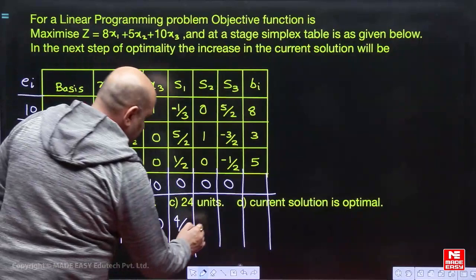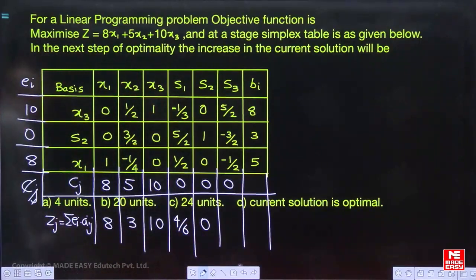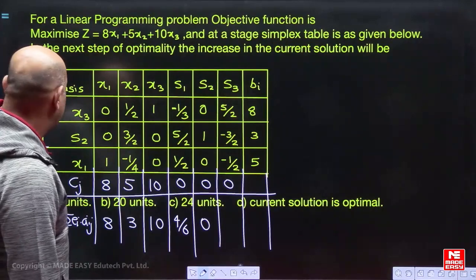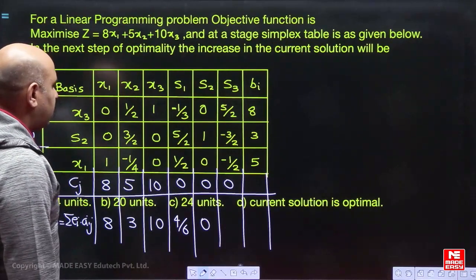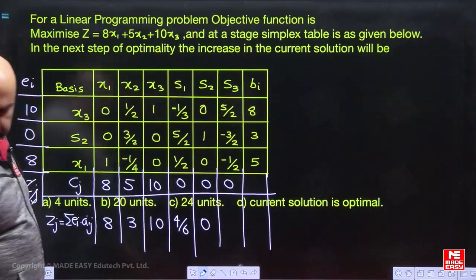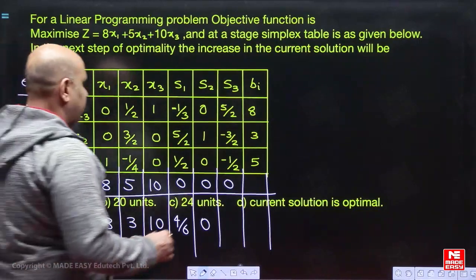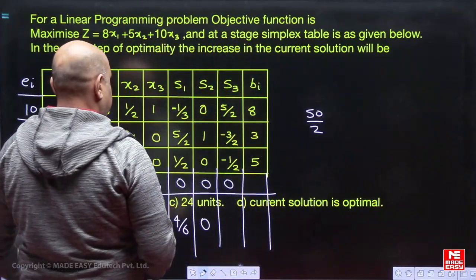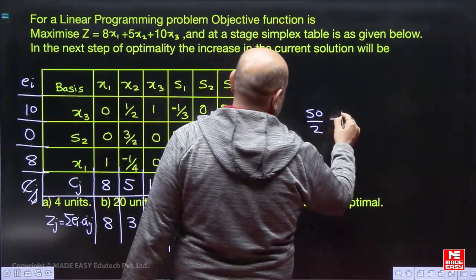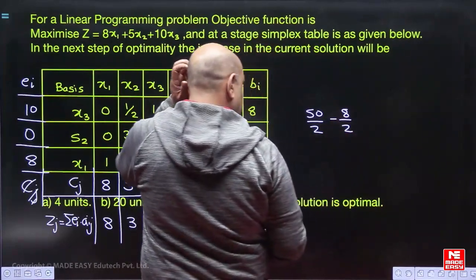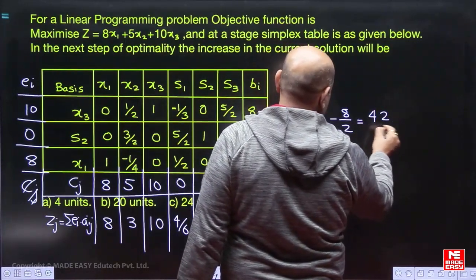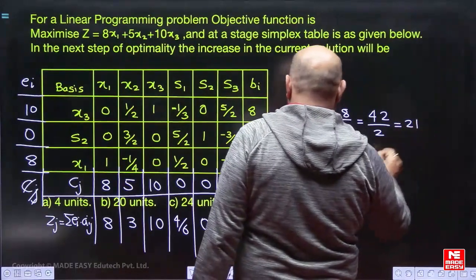That will be 0. And for S3, 50 by 2. How much should be 50 by 2? Minus 8 by 2. Divided by 2, 21.